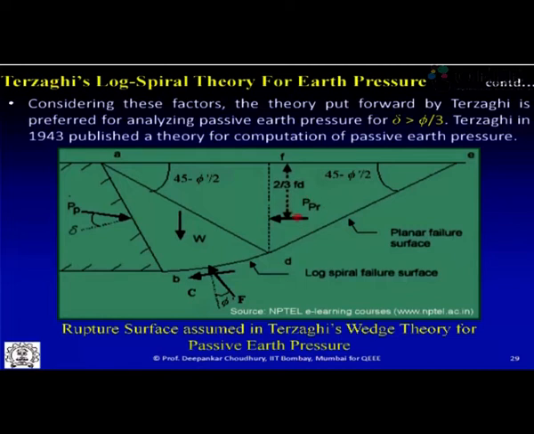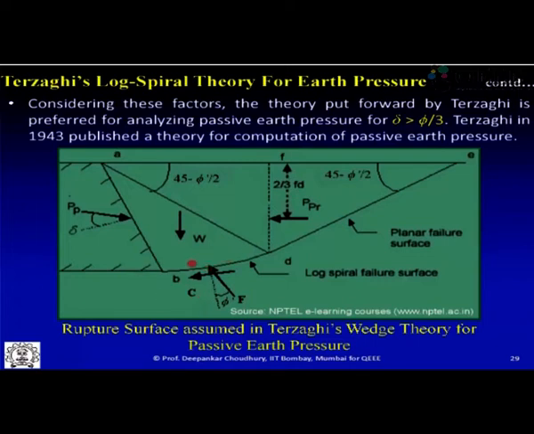Once you get this value, what are the other unknown parameters? Let us see. Now, why has Terzaghi chosen the log spiral failure surface for this section BD? There are two reasons. One is, first of all, through his experimental studies, he obtained that mostly the failure surface which is formed for the passive condition of earth pressure is close to the shape of a log spiral.